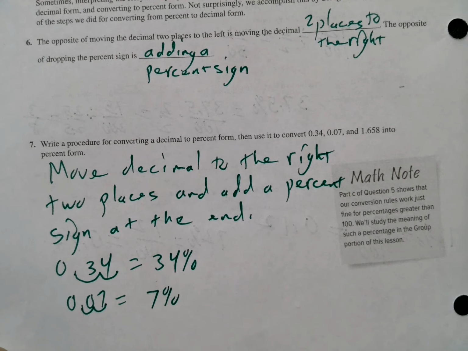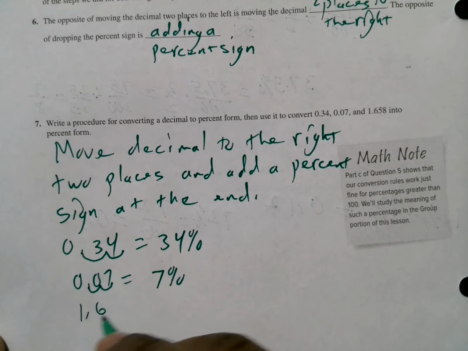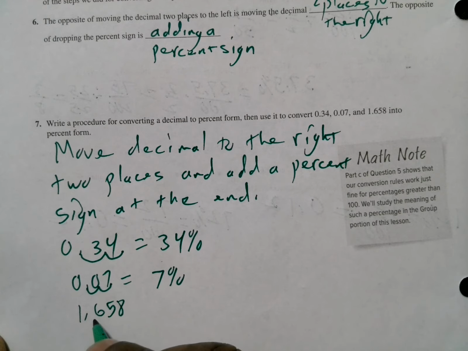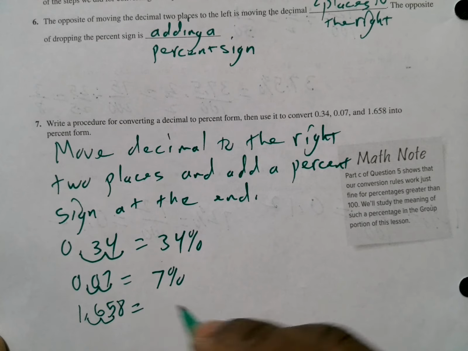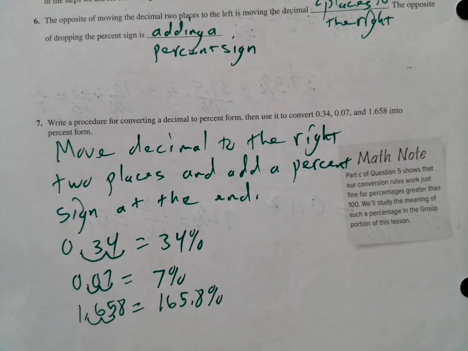We add 7 and put the percent sign at the end. Finally, we have 1.658. Move the decimal 2 places to the right, which would be 165.8, and put the percent sign at the end. Okay, so now we need to move on to the next page, page 6.